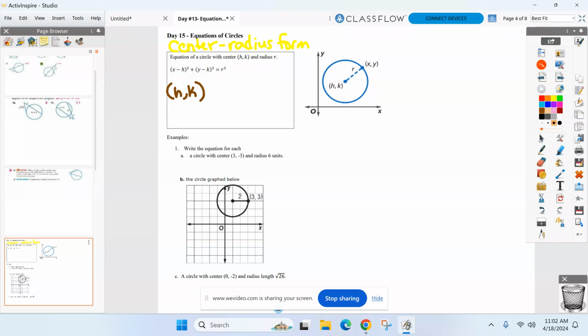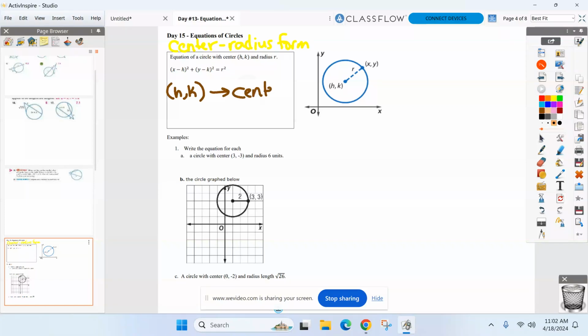You take whatever number is in for h and make it the x coordinate. You take whatever number is in for k and make it the y coordinate. Put them both together, and look at what the form's called. What do you think that'll give you of the circle? It's an xy point, so it's going to give you the center of the circle.